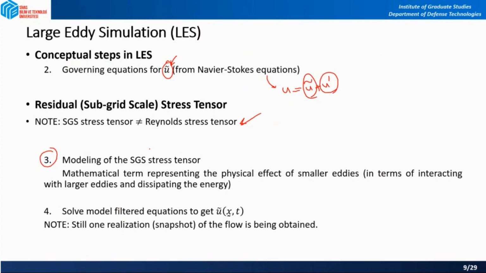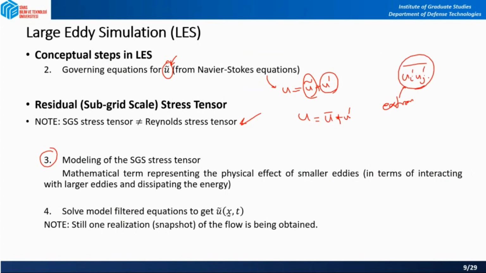We have some extra terms, like in RANS, you remember you were writing u bar plus u prime, and then when you put it inside Navier-Stokes, some extra terms show themselves, and we call them the Reynolds stress tensor, ui uj prime.